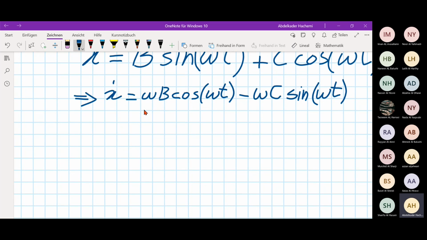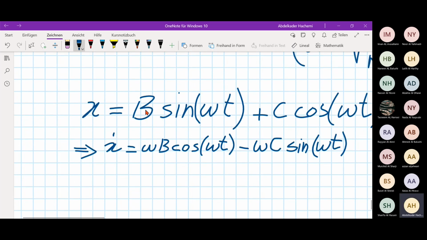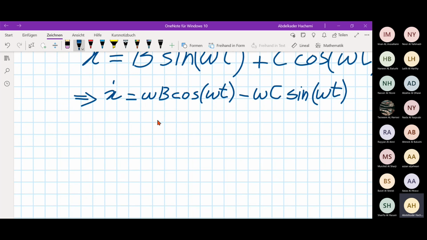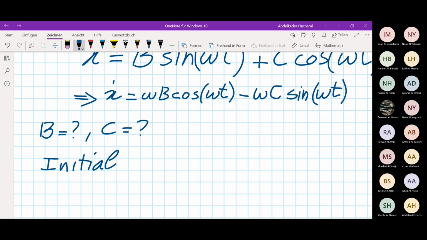That's what we know to determine b and c. It's always the same procedure. We have to determine b and c from the initial conditions.